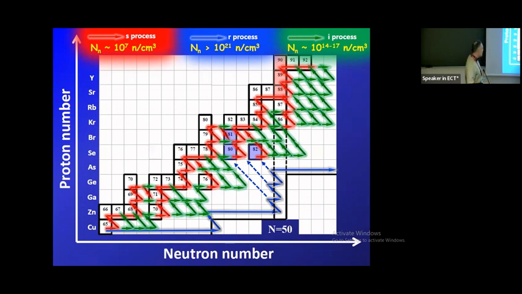Basically, you depart from the beta stability valley for some isotopes, let's say from 3 to 7, 8, no more. In this case, you have the nucleosynthesis, and the nucleosynthesis may also in some way bypass some neutron magic nucleus, and may proceed further in this direction.